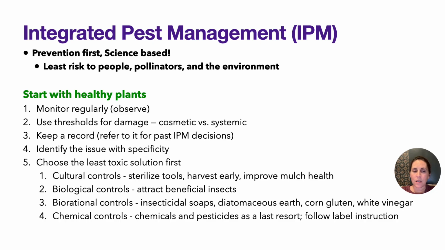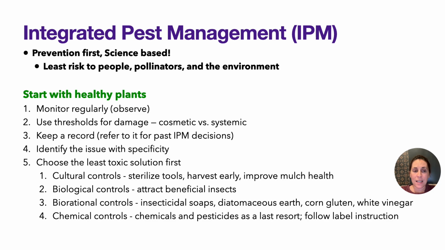And that begins with using cultural controls like sterilizing tools, harvesting early, improving the mulch health, and then biological controls, which focuses on attracting beneficial insects, or even birds. Biorational controls, which include insecticidal soaps, diatomaceous earth, corn gluten, and white vinegar. And so these are different types of chemicals that you can apply to your plants that pose little risk to human health, pet health, and pollinator health.